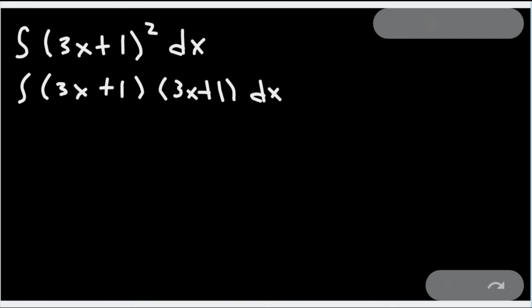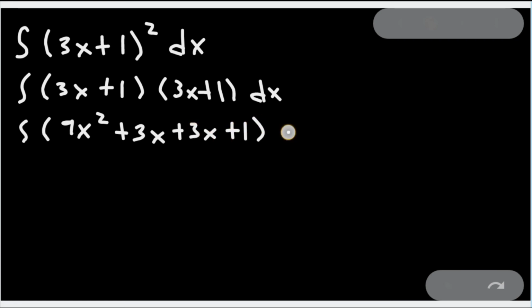Then let's solve for this. So 3x times 3x is equal to 9x squared. Then 3x times 1 is equal to 3x. Then 1 times 3x is equal to 3x. Then 1 times 1 is equal to 1. Then copy dx.